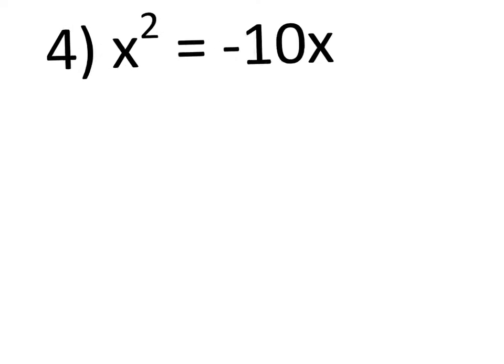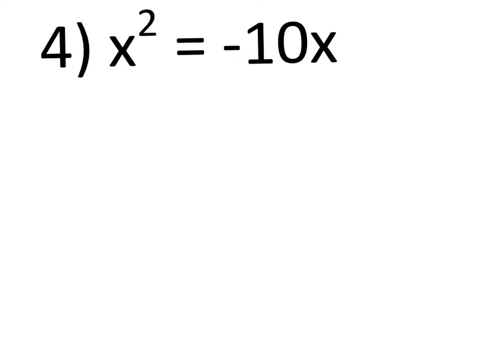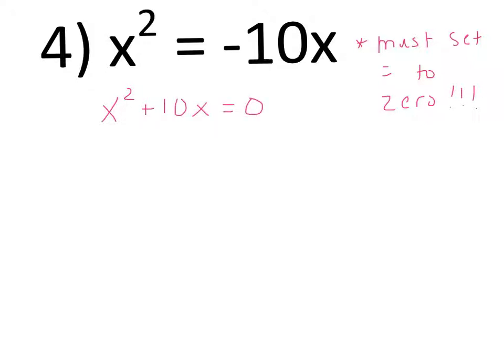Now on this one, I've got a problem. It is not set equal to 0. Okay? They must, little star here, must be set equal to 0. Very important. This is a must. So I'm going to add the 10x over to the other side. So I get x squared plus 10x equals 0. Now again, I'm pulling out a GCF.